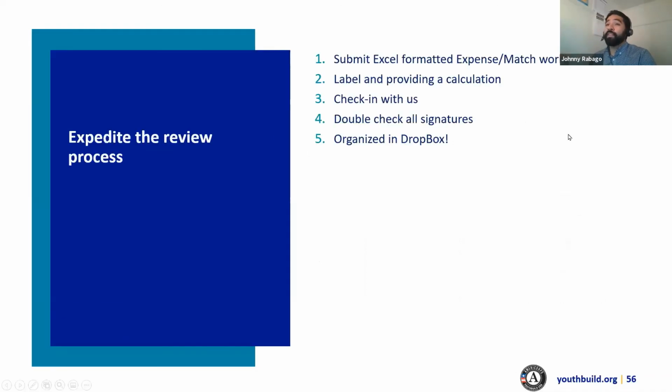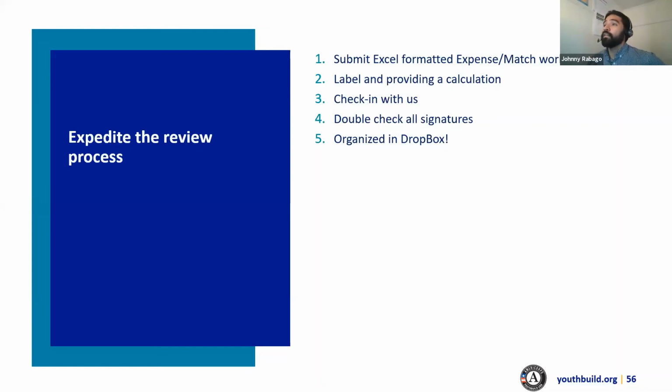To expedite the process, we want you to submit your packet in an Excel format. With the new packet, you can save it as a PDF file, but we also want it included in an Excel file. Label it and provide a calculation every month.